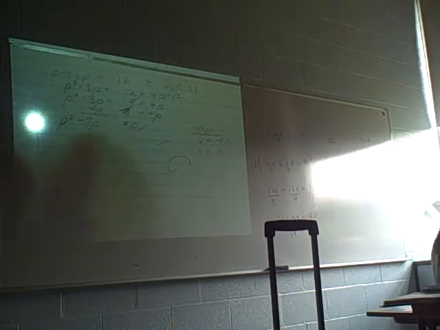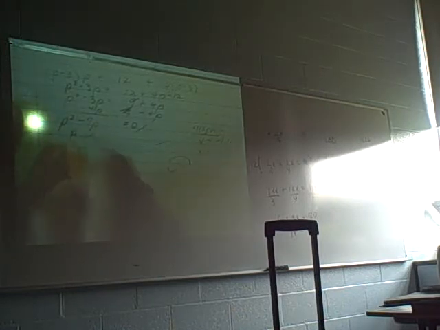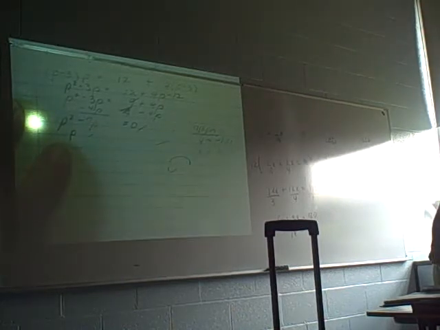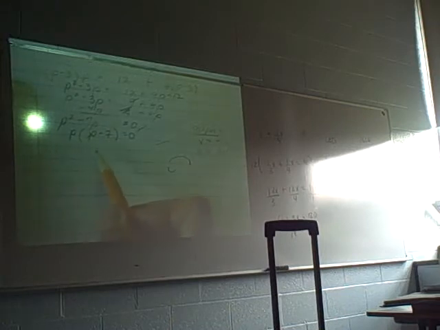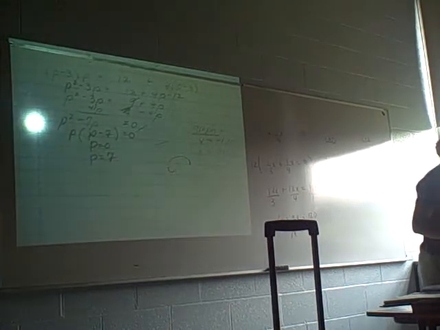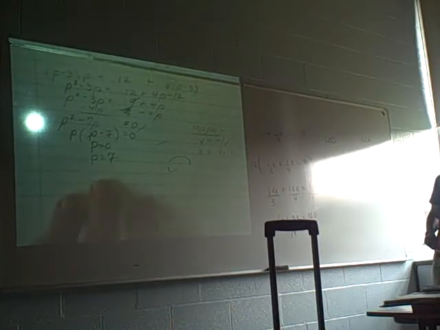What are you gonna do now? Could I factor that out? Could I take a common factor out and have p minus 7 equals 0? So what are the values of p? P can equal 0 or p equals positive 7. Wait, right? These are wrong.